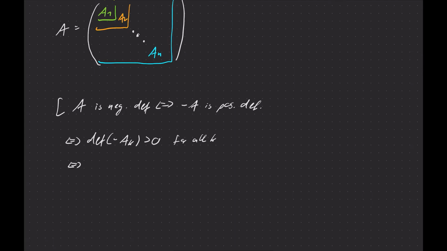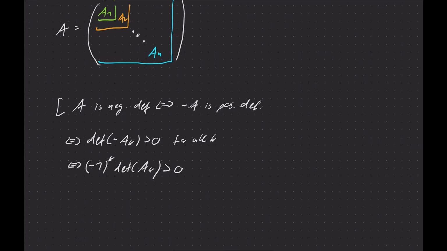You can take out a constant from a row. We have k rows here, so we get k times this sign minus 1. So this is (minus 1) to the k times the determinant of A_k, and that needs to be positive. And of course that (minus 1) to the k changes signs with k.